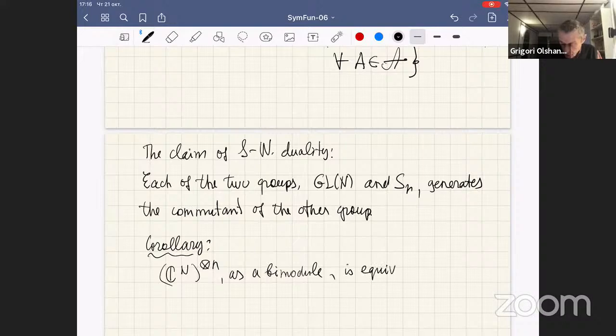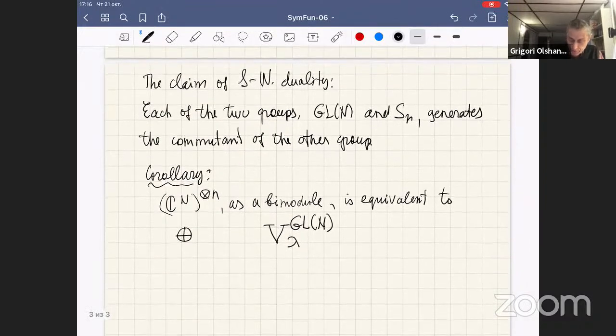The space can be written as a direct sum of tensor products of certain irreducible representations. Here we have a representation of GLN, which is a polynomial representation, which means that it is indexed by a partition lambda of length at most capital N, but which also has small n boxes. And here we have this guy.